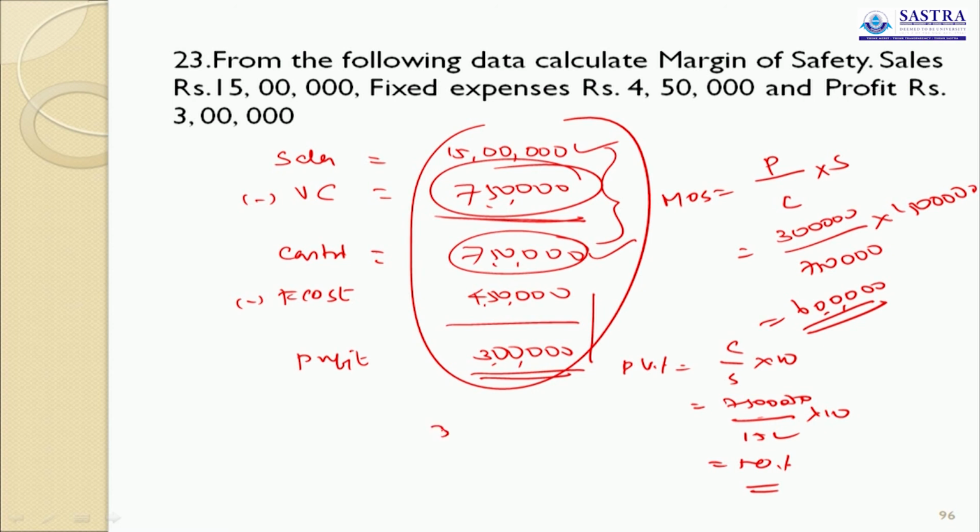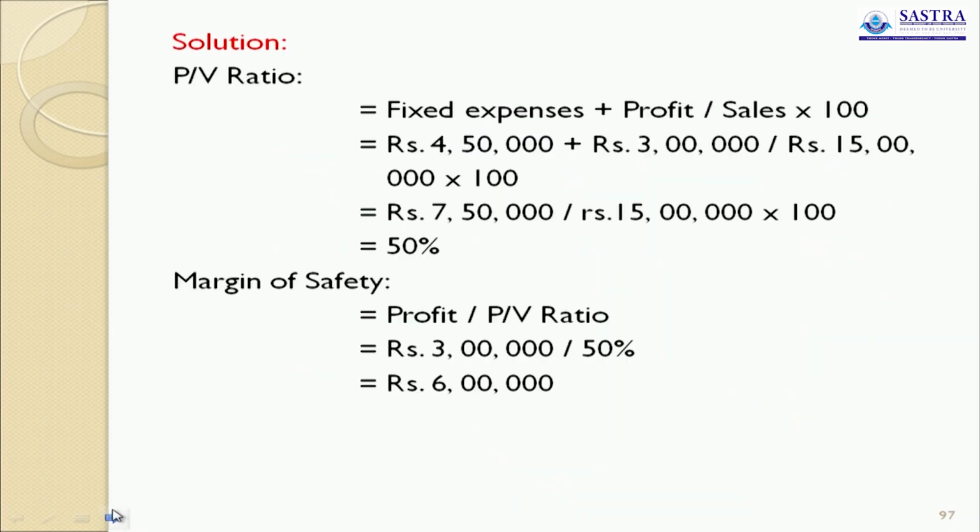So profit 3 lakh divided by 50% gives 6 lakh. This is another way of solving this problem. So PV ratio is 50%, margin of safety is 6 lakh. Already I have solved. Then thank you very much.